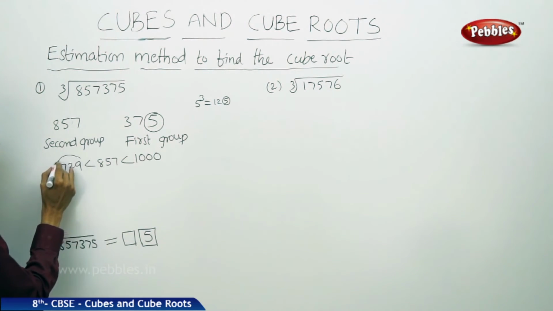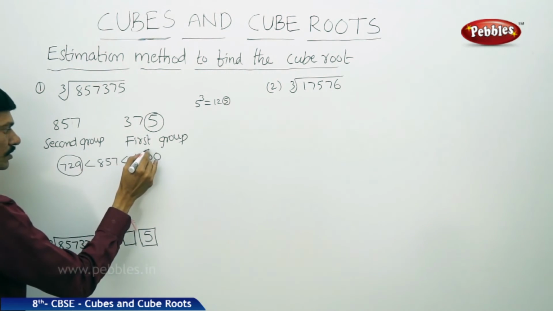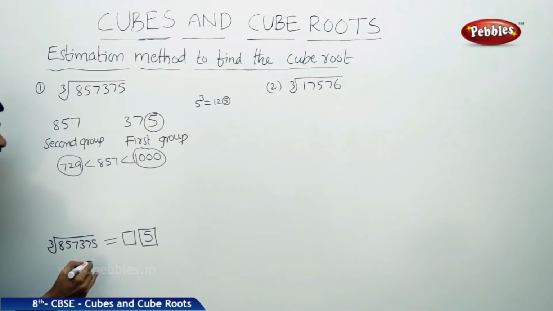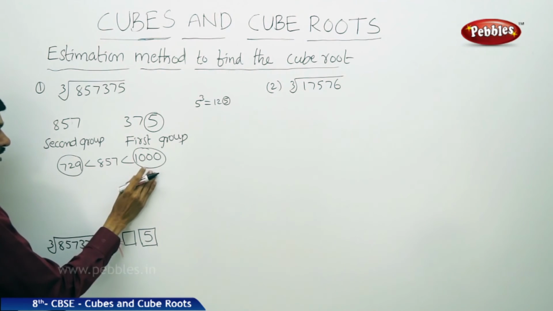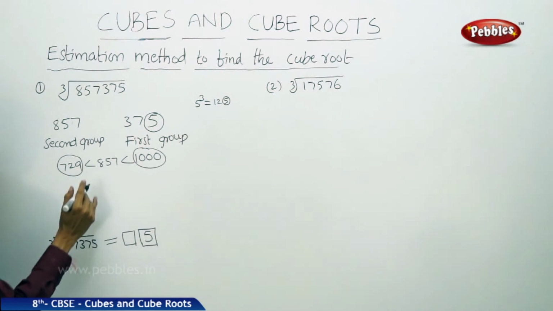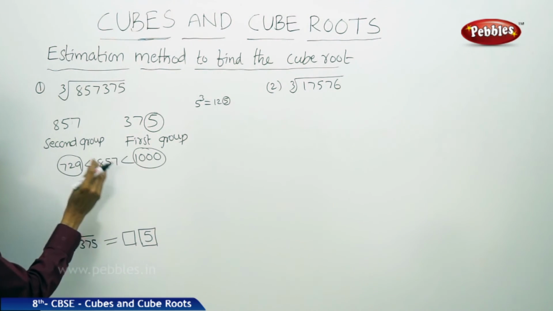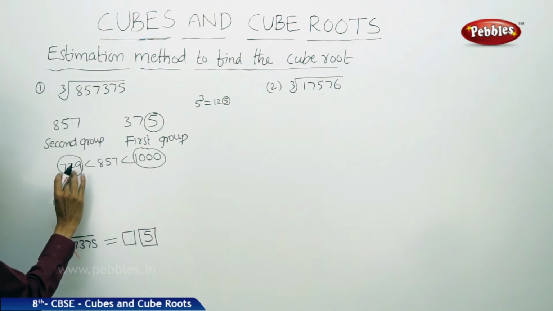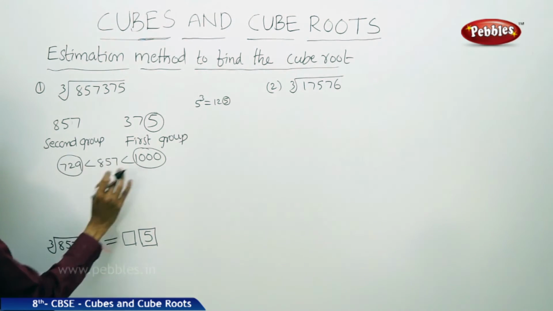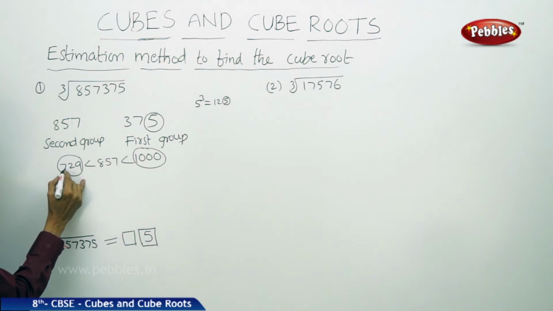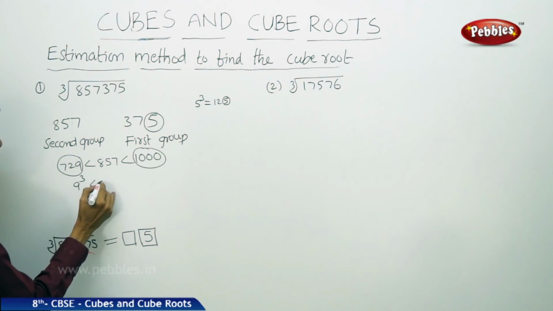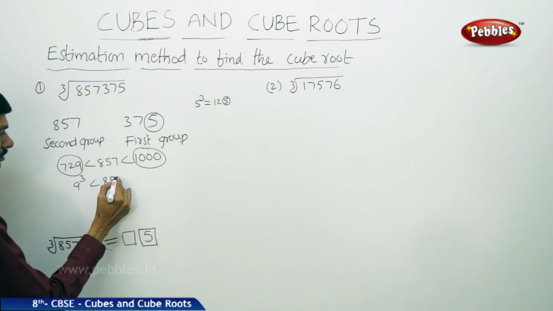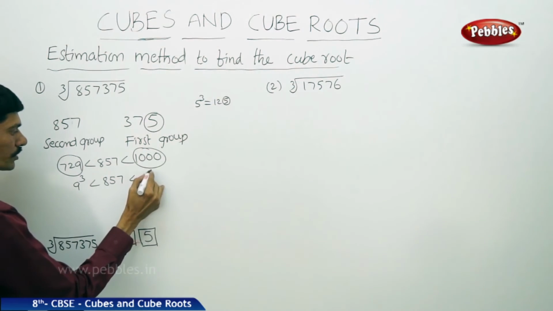Here 729 and 1000 are perfect cubes, one smaller than 857 and the other larger than 857. So 857 lies between these two perfect cubes. It can be written as 9 cube less than 857 less than 10 cube.